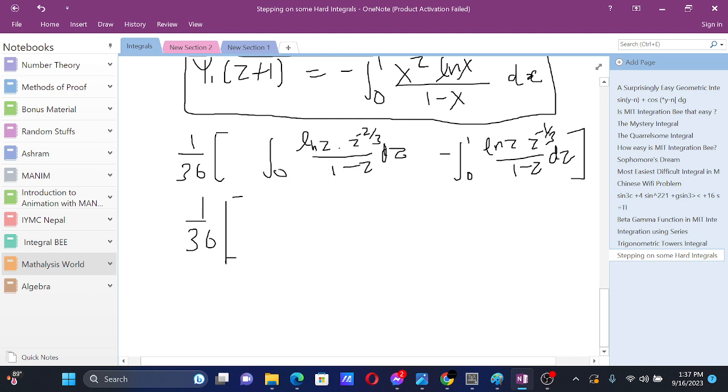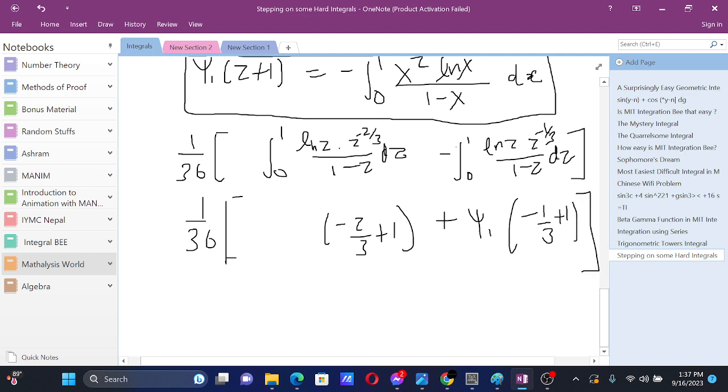Again we need the negative sign as well, since we don't have a negative one over here. So it is the negative of the trigamma of minus 2 by 3 plus 1, and here a negative negative becomes plus, and this is the trigamma function of minus 1 by 3 plus 1.